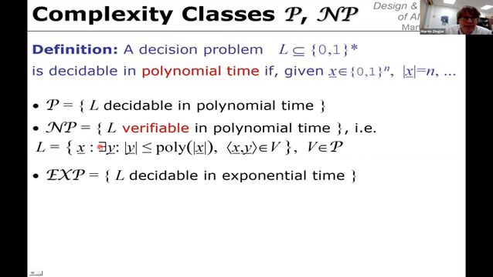The original name NP refers to non-deterministic polynomial time, but I don't want to introduce non-deterministic computation that is too easy to confuse with randomized computation.